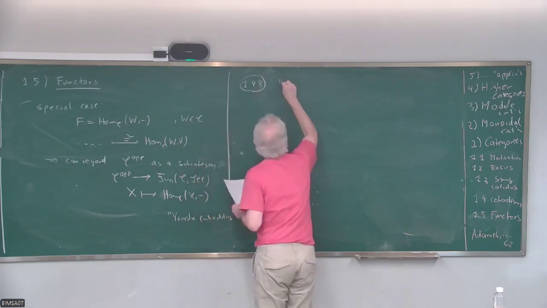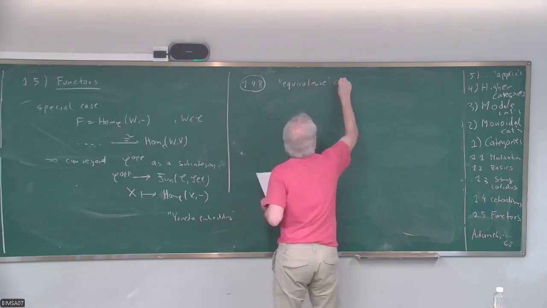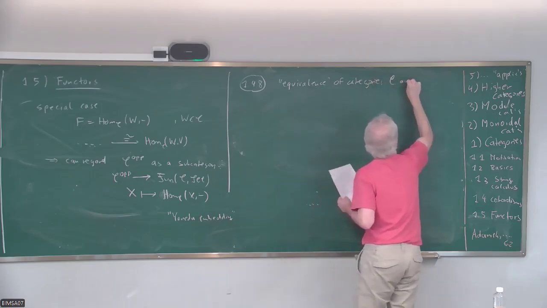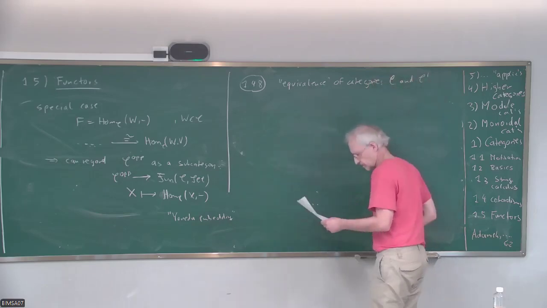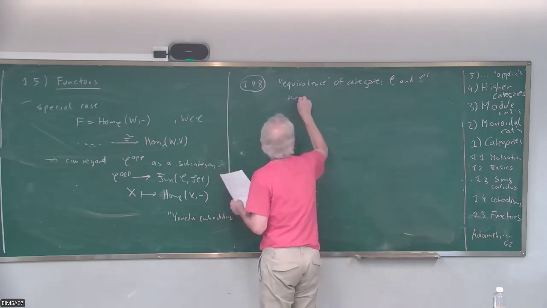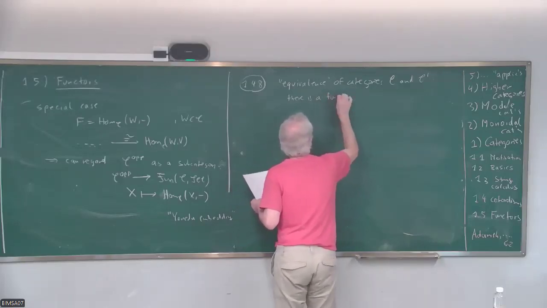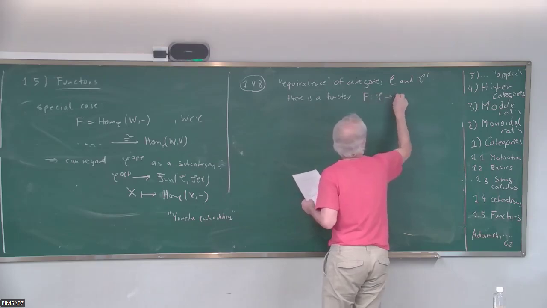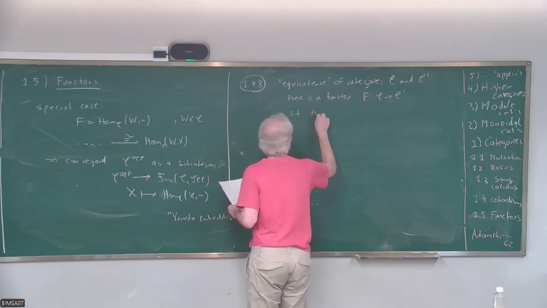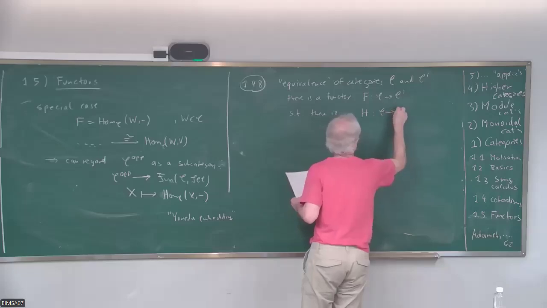We say we have an equivalence of categories, C and C prime, if there is a functor F between them, such that there's another functor H, say, in the opposite direction.